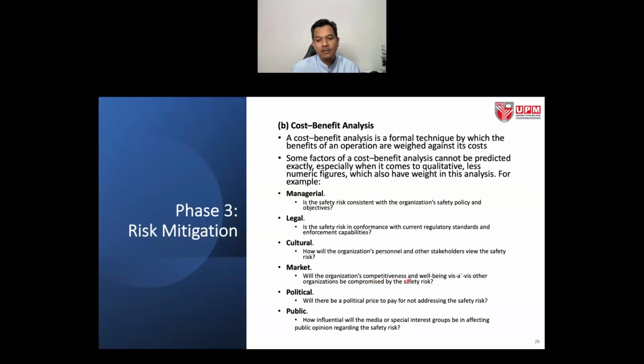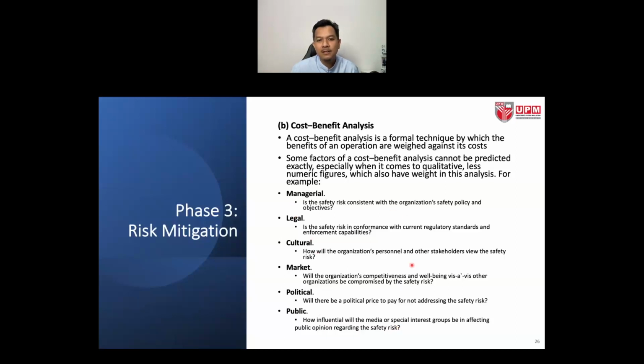Will the organization's competitiveness and well-being vis-a-vis other organizations be compromised by the safety risk? Political: will there be a political price to pay for not addressing the safety risk? And the perception of the public: how influential will the media or special interest groups be in affecting public opinion regarding the safety risk?